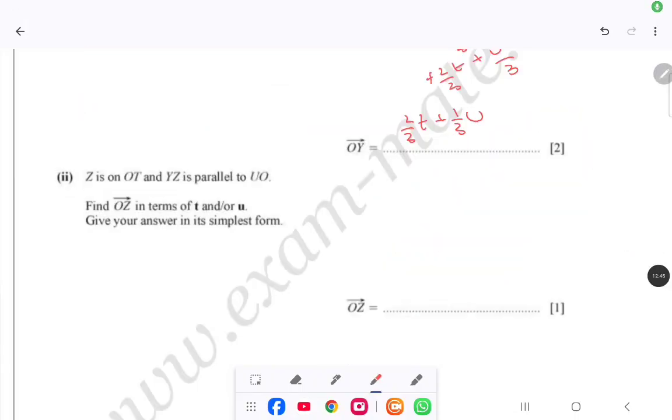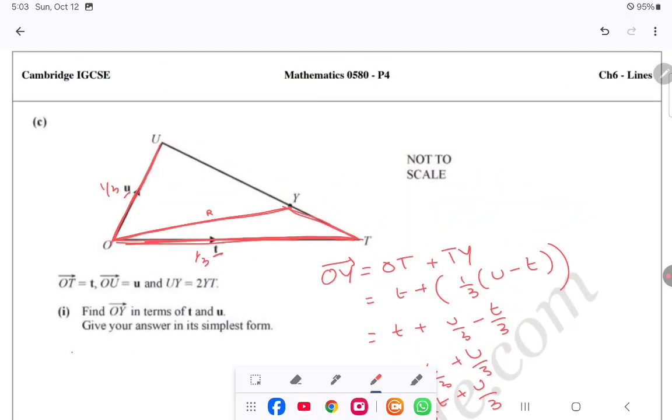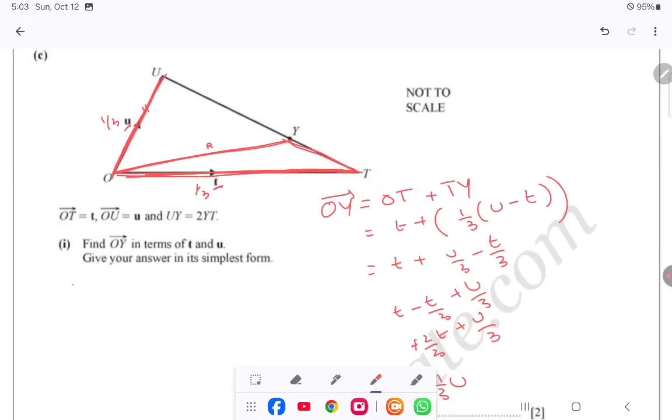Now in the second part, Z is on OT and YZ is parallel to UO, and find OZ in terms of T and in terms of U, giving your answer in the simplest form. Now the OZ which we have to find is equal to OY plus YZ. Since YZ is parallel to UO, this part is parallel to it.